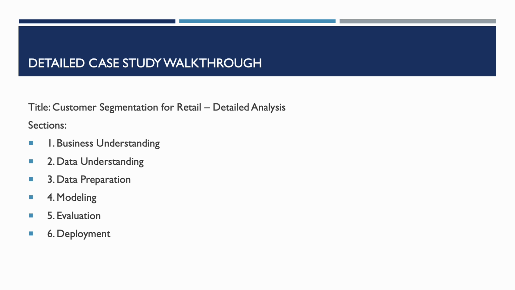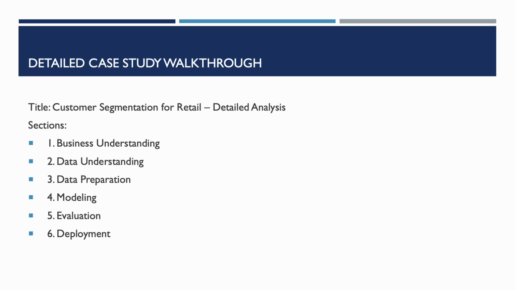Next, we have evaluation. After building the models, we will evaluate their performance. This involves assessing the accuracy and effectiveness of the customer segments created and ensuring that the results align with the business goals defined earlier. So finally, the results are deployed into the business environment.